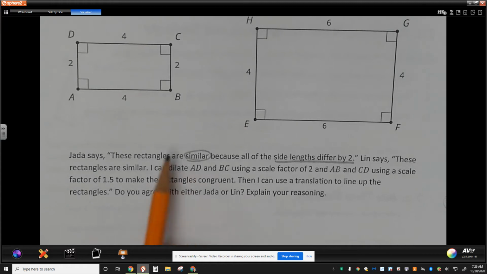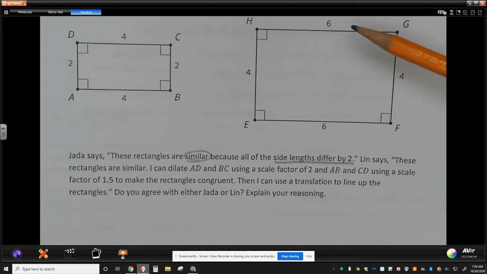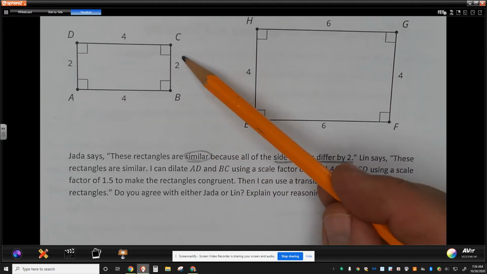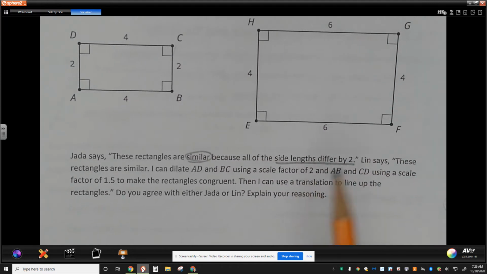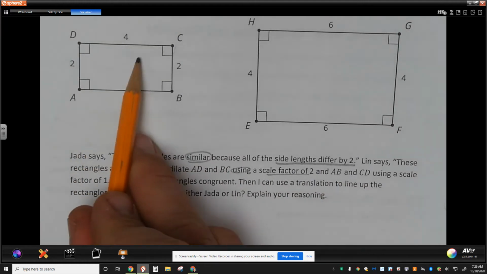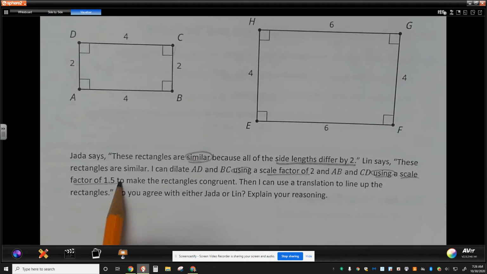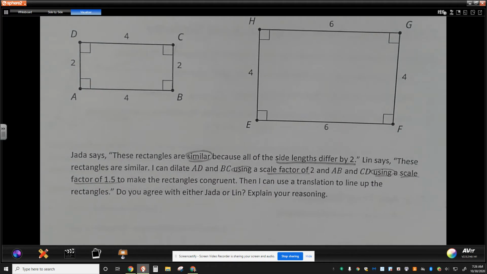I can dilate AD right here, so this side, and BC, okay, so this side and this side, by a scale factor of 2. And then she says she can take the other sides, AB and CD, using a scale factor of 1.5 to make the rectangles congruent. Then I can use translation to line up the rectangles. Do you agree with either Jada or Lynn, or neither one, or both of them? Explain your reasoning.